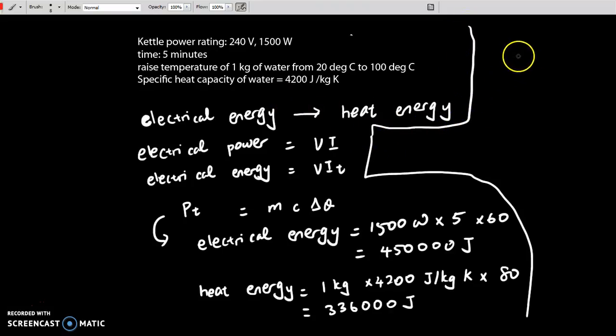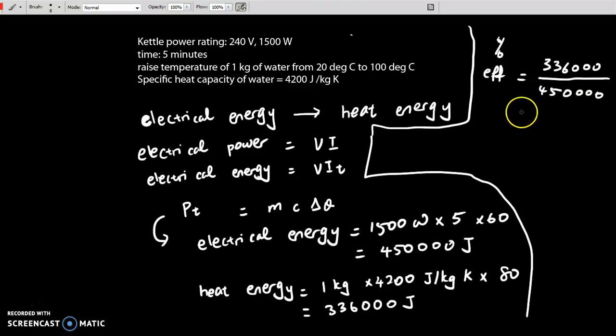So percentage efficiency will just be 336,000 over 450,000, and sorry, multiply by 100%. So that will give me 74.7. Oh, that looks like a very nice value. 74.7%.